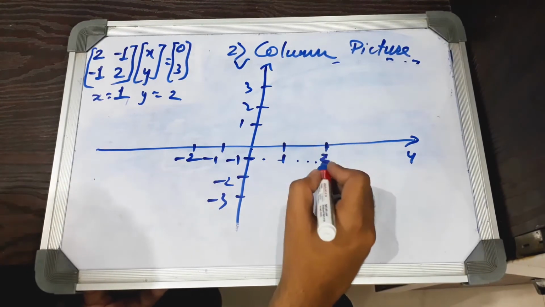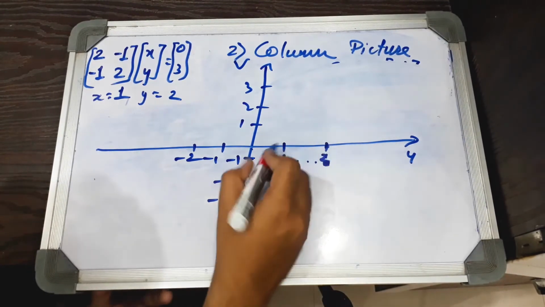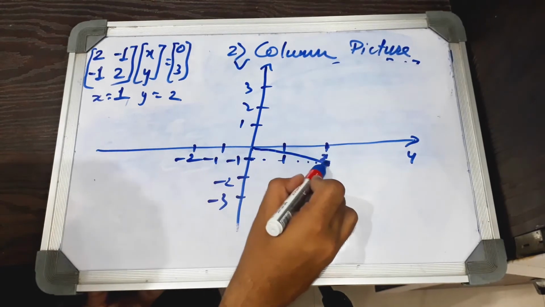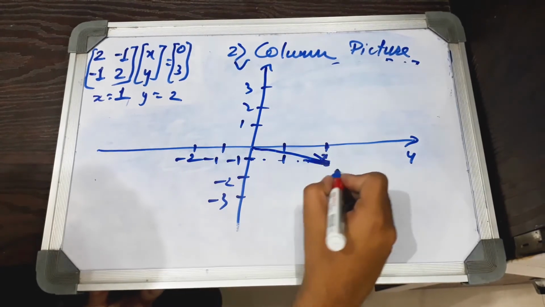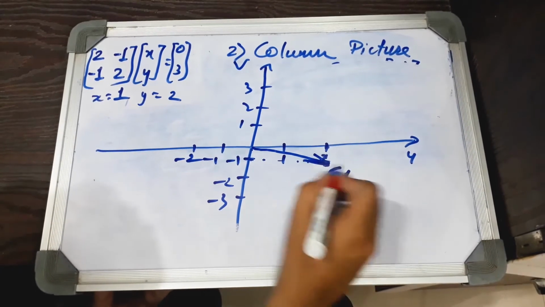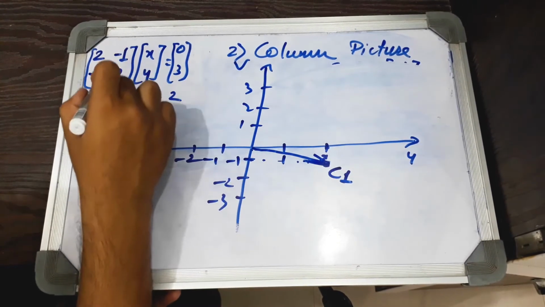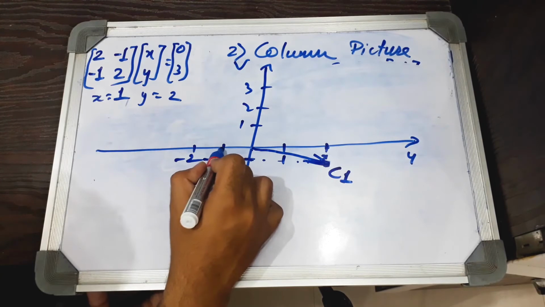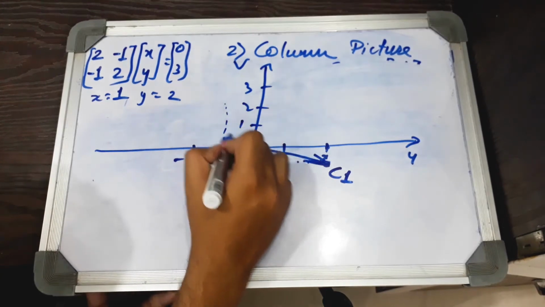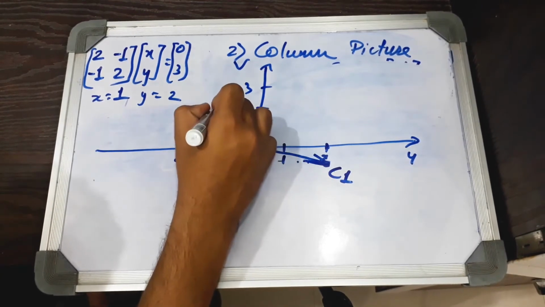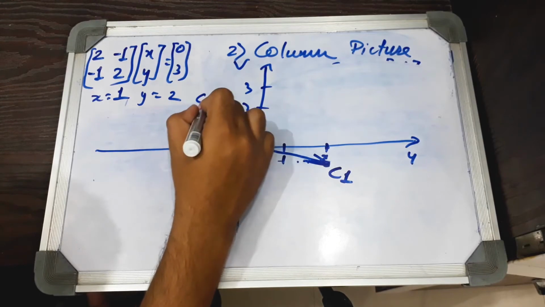The measurements are very bad, but who cares? This is my first column, let's call it C1. The second column is minus 1 2, so minus 1 and 2, so this here is my second column C2.